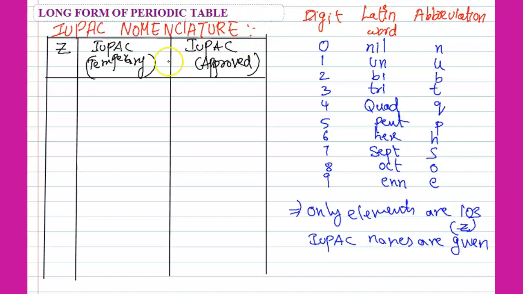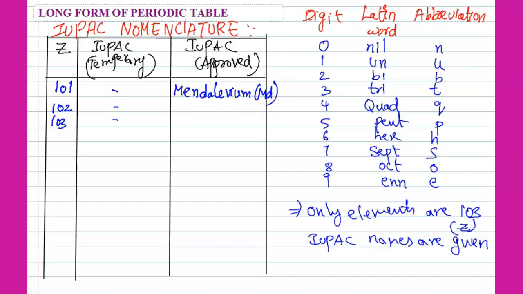So here students, as I already said, for elements with atomic number after 103 only IUPAC names are there. For 101, 102, 103, we should not write systematic names, even though we know the symbols. 101 is Mendelevium, symbol Md.